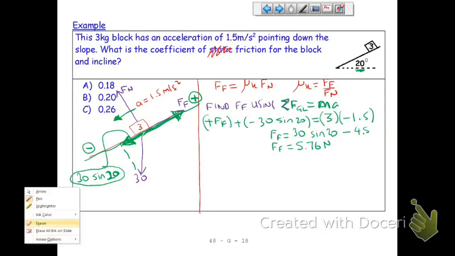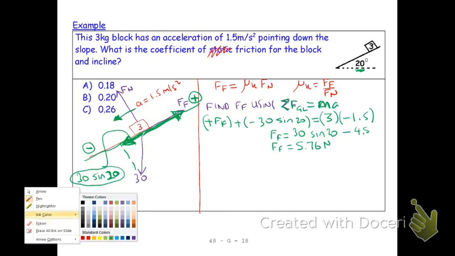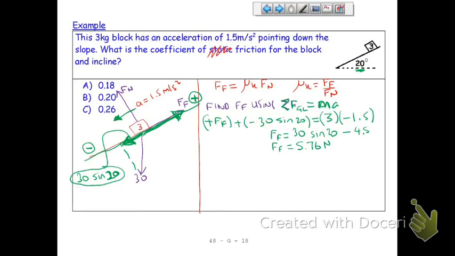And then I've got to pick up the pace a bit because I want to get this thing set. So now I've got to find Fn. I don't want to deal with Ff. Find Fn using the sum of the forces on the black line equals 0, because there's no acceleration in that direction. And I have this guy, and I have that guy.